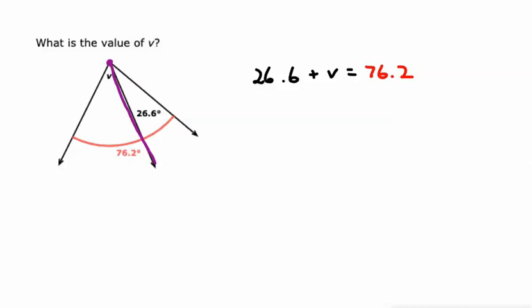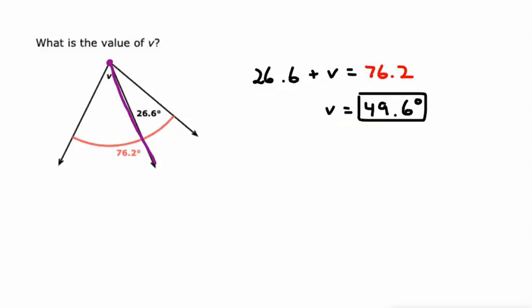No different than the ones we were doing before. We'll just subtract 26.6 from both sides. So 76.2 minus 26.6, that's 49.6 degrees. So angle V would have to be 49.6 degrees.